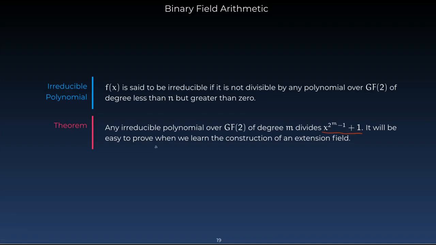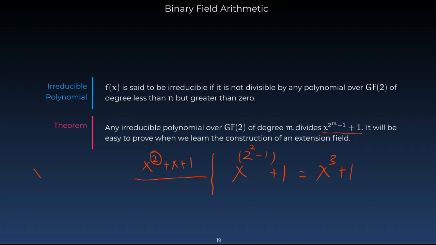So for example, x square plus x plus 1 is an irreducible polynomial of degree 2. So the degree of this polynomial is 2. Then it must divide x to the power 2^2 minus 1, plus 1. So this actually divides x cube plus 1, which is much easier to prove.